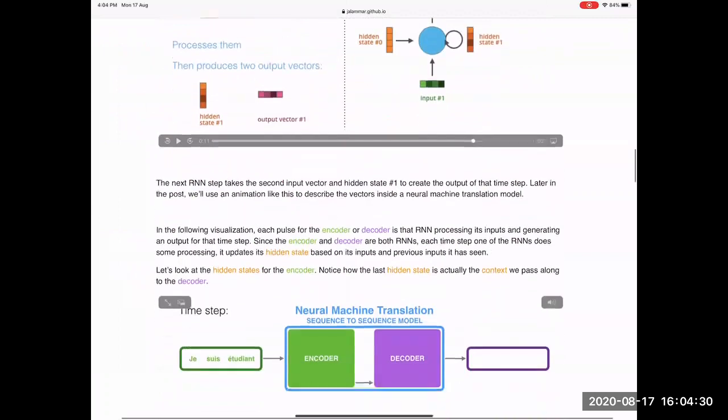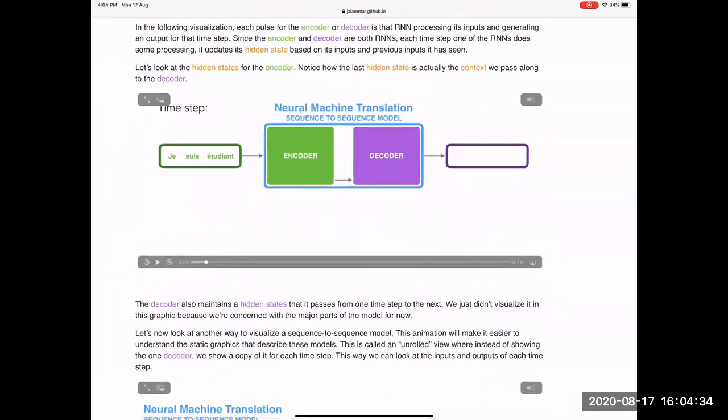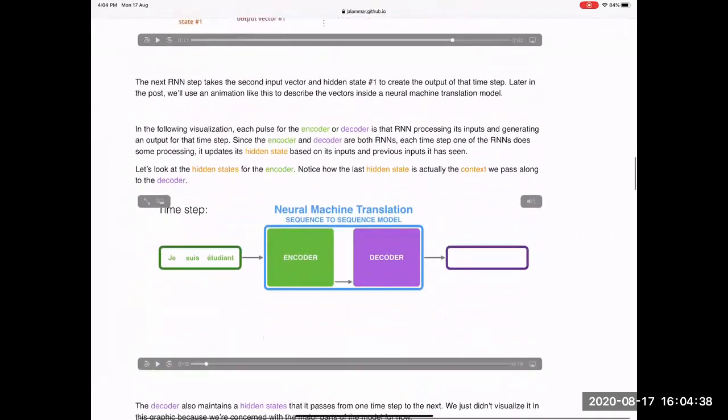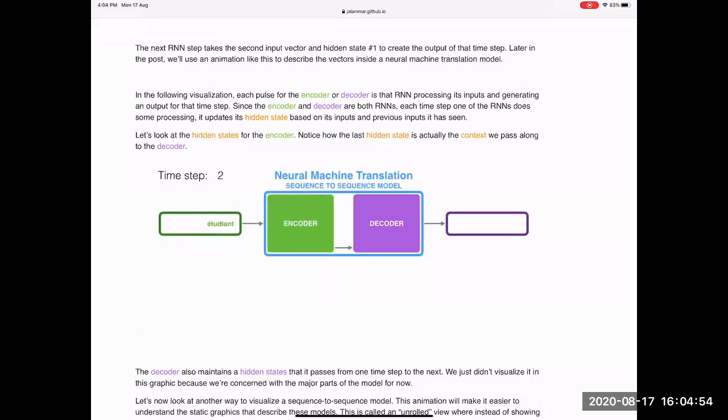Then let us see it in a slightly different way, in which, instead of those values, let us show that words are going in. Anyway, words are not going in, but words in the form of vectors are going, and these word vectors go to my encoder like this. Step 1, step 2, step 3, step 4.